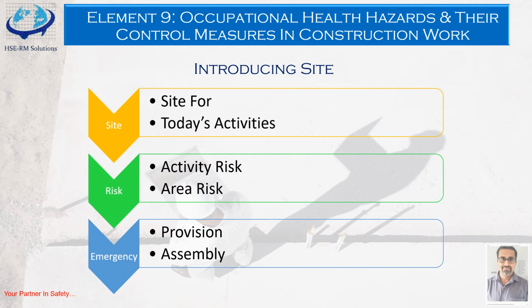What all activities we have discussed before: construction activities, mason activity, roofing activity, welding activity, all the activities that are going to happen, you need to highlight that these activities are presently going on site, correct? So you will be explaining that these activities are going on the site, and these are the risks associated with the activities, along with where these activities are happening.